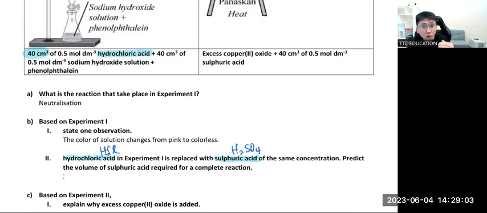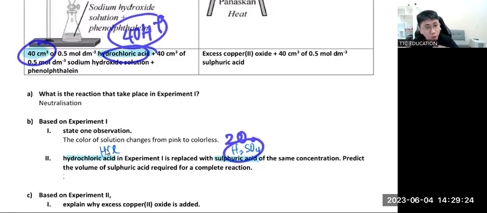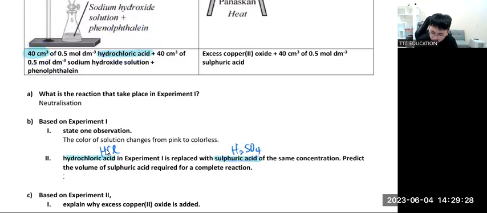You reduce the amount of acid needed by half. Imagine 40 cm³ of hydrochloric acid gives you 40 H+. To get 40 H+, we only need 20 of H2SO4, because every H2SO4 has 2 H+. So my answer here is 20 cm³. You reduce your acid needed by half.